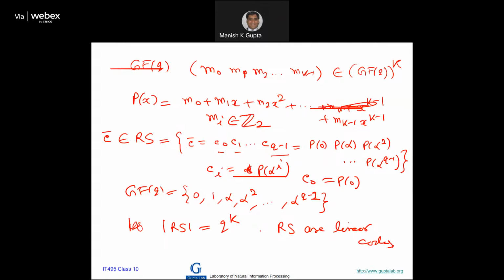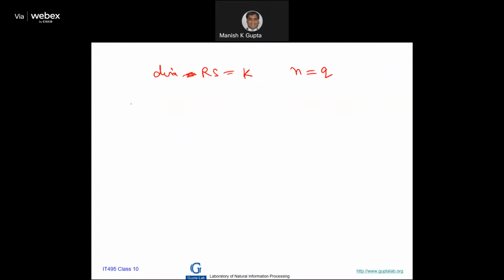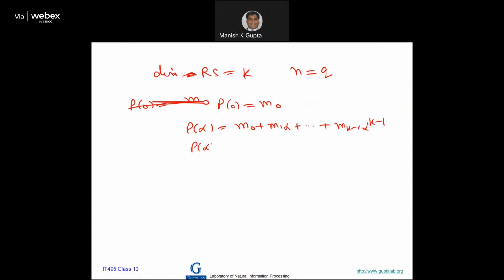Now, let us evaluate these points and see what we are getting actually. So P of 0 is M0. P of alpha is equal to M0 plus M1 alpha plus ... plus M_{K-1} alpha raised to power K minus 1. P of alpha square is equal to M0 plus M1 alpha square plus ... plus M_{K-1} alpha raised to power 2 times K minus 1, and so on.